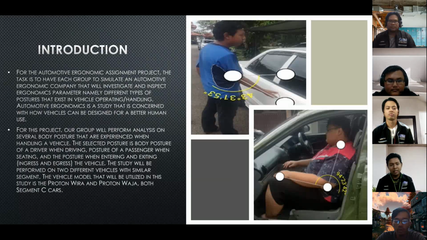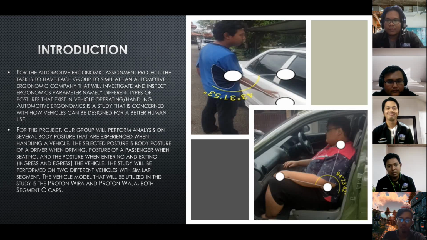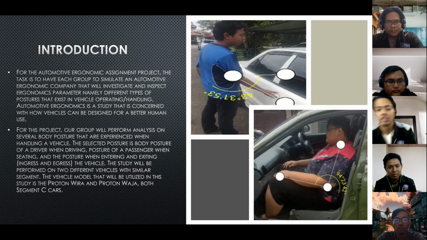So the introduction for the Automotive Ergonomic Assignment project: the task is to have each group simulate an automotive ergonomic company that will investigate and inspect ergonomic parameters, namely the different types of posture that exist in vehicle operating.